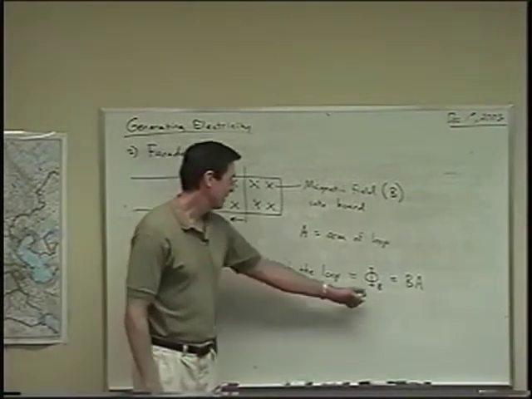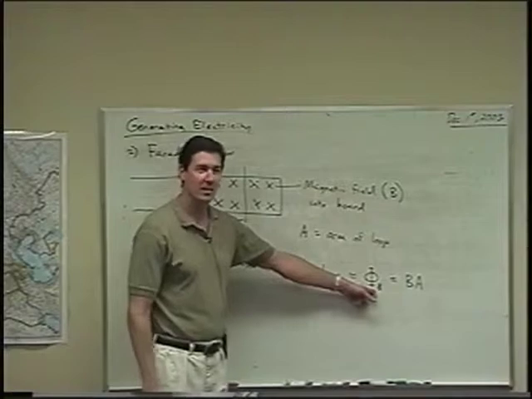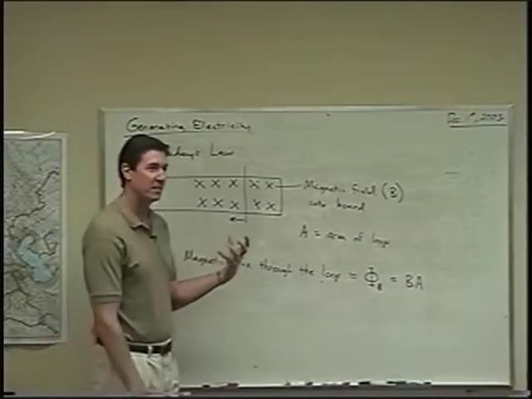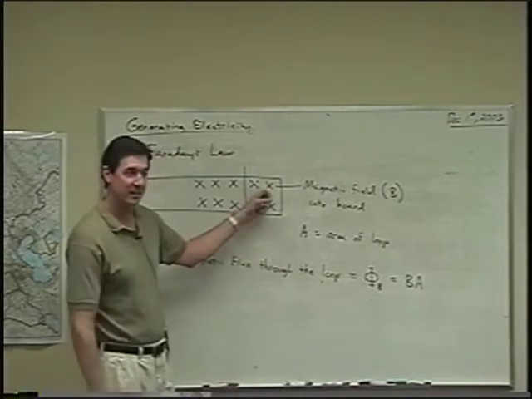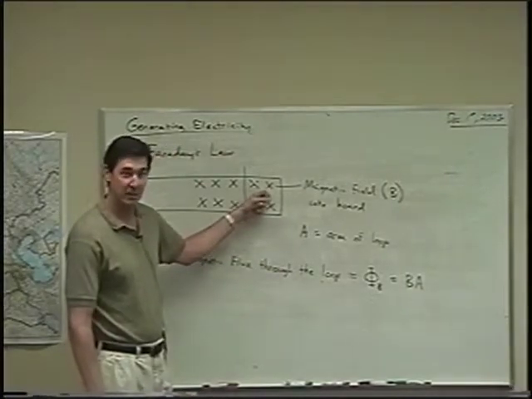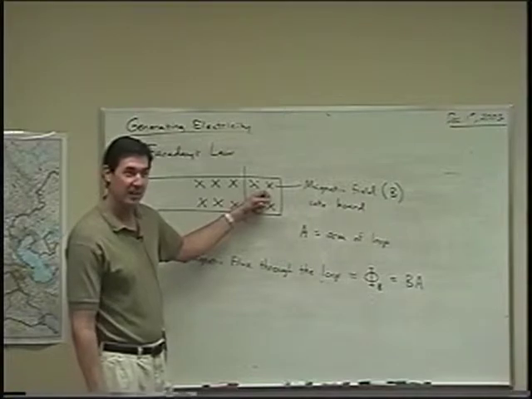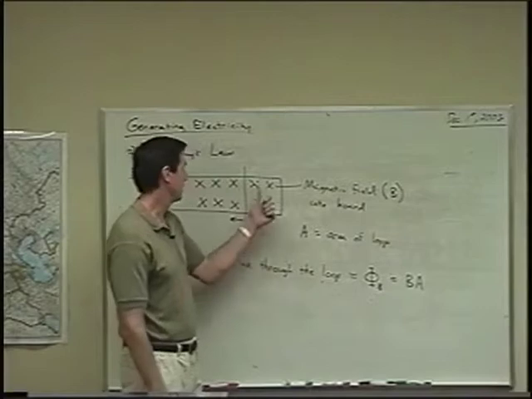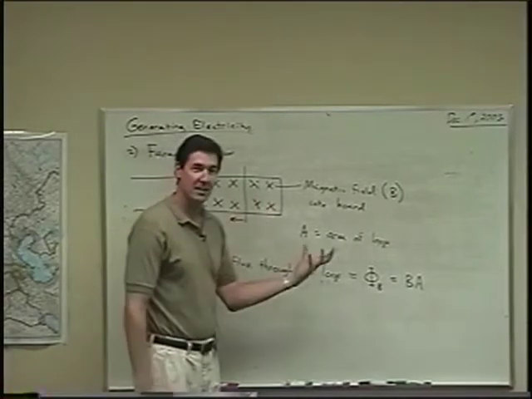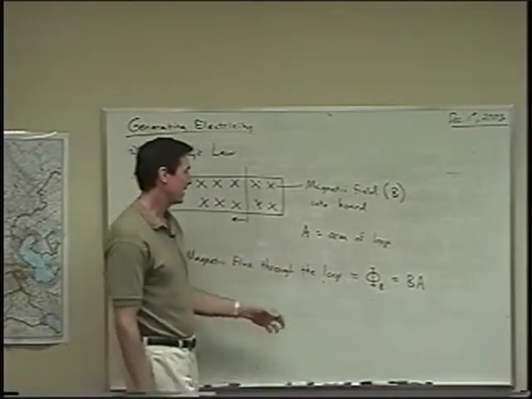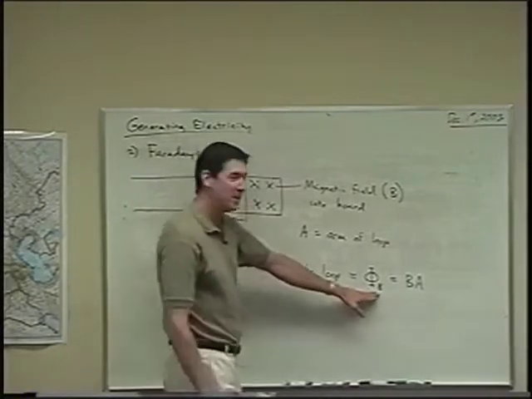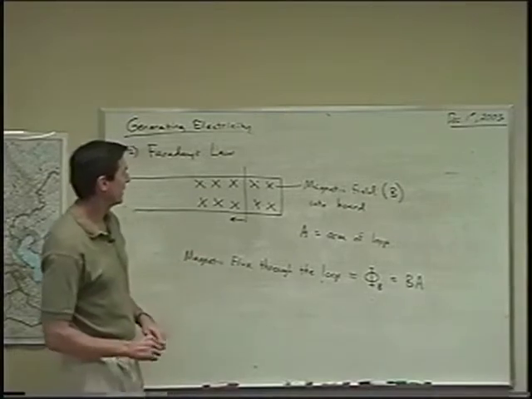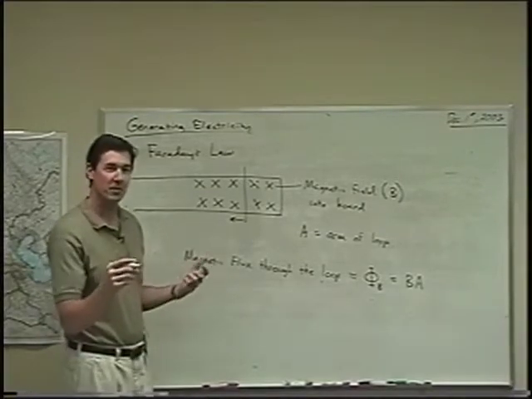So now we have one term that captures both of these factors that Faraday has proven are important in creating this new effect he's discovered: the magnetic field strength and the area of the loop. The way Faraday thought of this flux is that he always thought in terms of field lines.